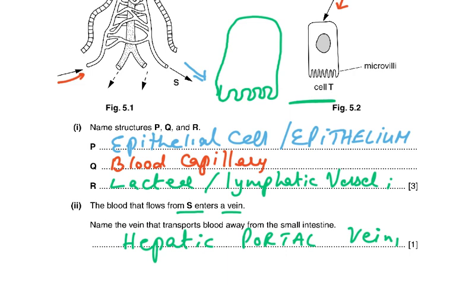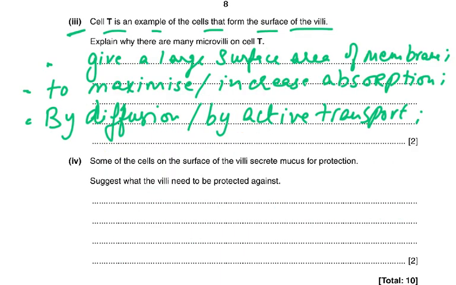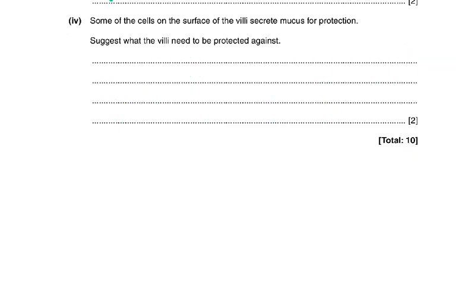If it is by active transport, then there would be lots and lots of channel proteins in the cell membrane. For diffusion also, it passes through the cell membrane, but because it's folded, it increases the surface area.